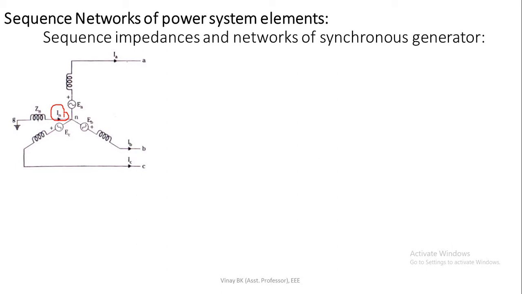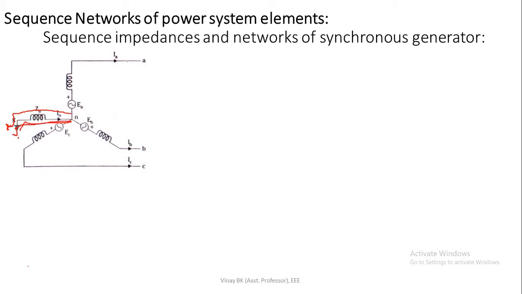But when the generator is delivering an unbalanced load, or during unsymmetrical faults, neutral current flows from neutral to ground via Zn.